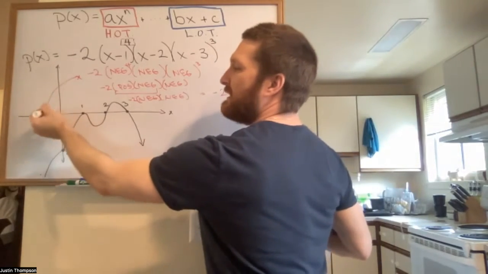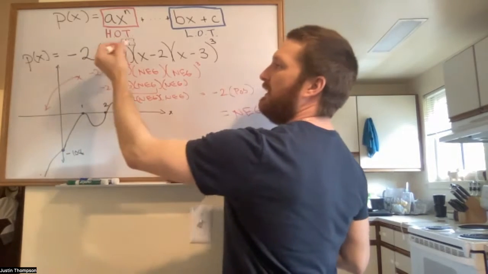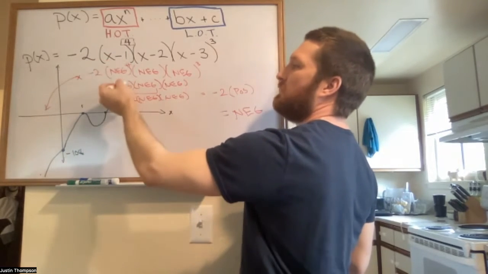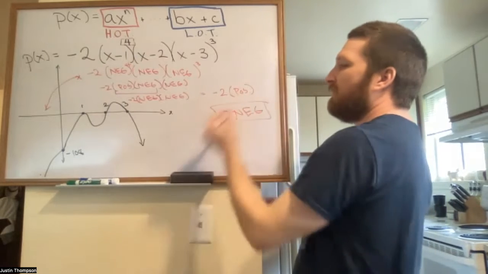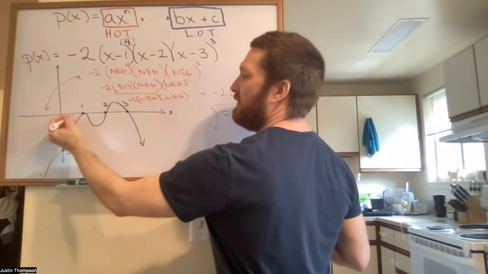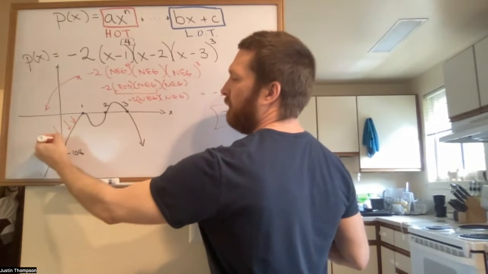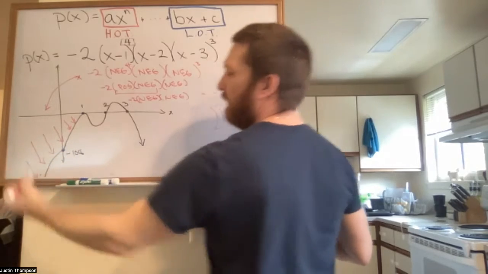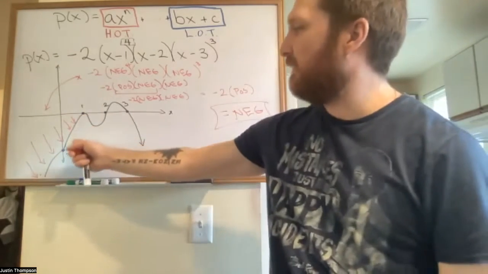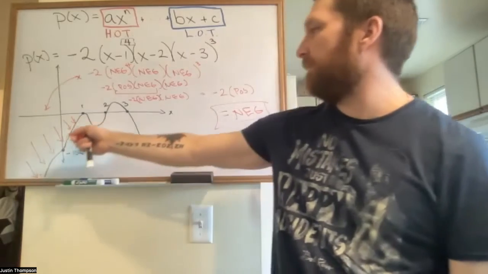So, and this makes sense with what we're saying over here. You take a number that's less than 1, you plug it in here, you'll get a negative. Cubed is positive, that's negative, negative, and so on. You should end up with a negative number, and that is indeed what we see. Whenever you plug in a number that is less than 1, you get a negative number. And that's what we're seeing right here.